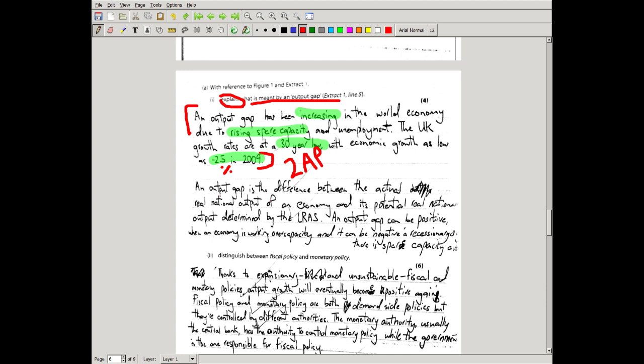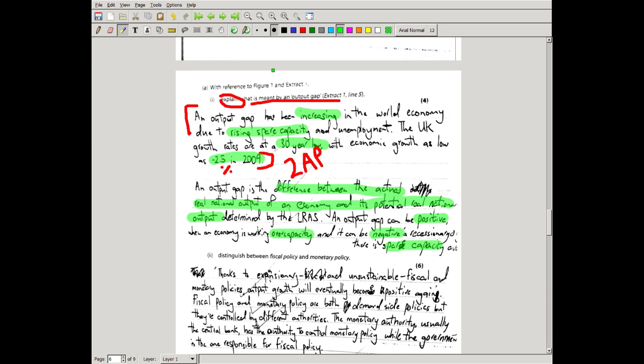An output gap is the difference between the actual real national output of an economy and its potential real national output. That's the definition, the difference. And output gap can be positive when the economy is working over capacity, and can be negative in a recession when there is spare capacity.